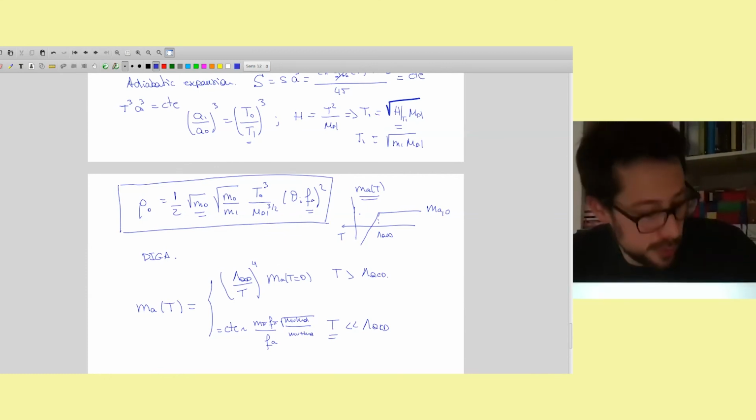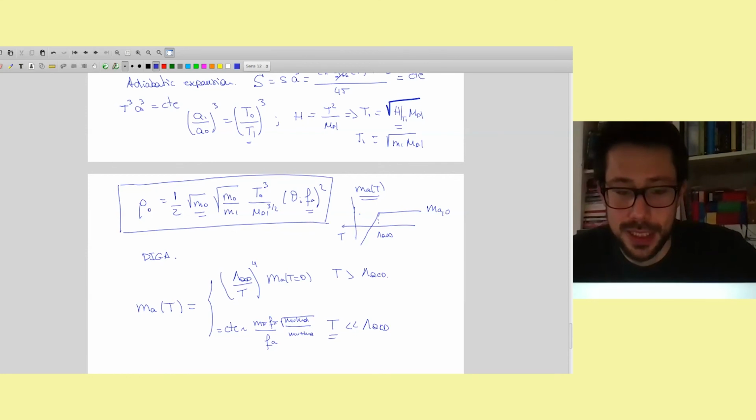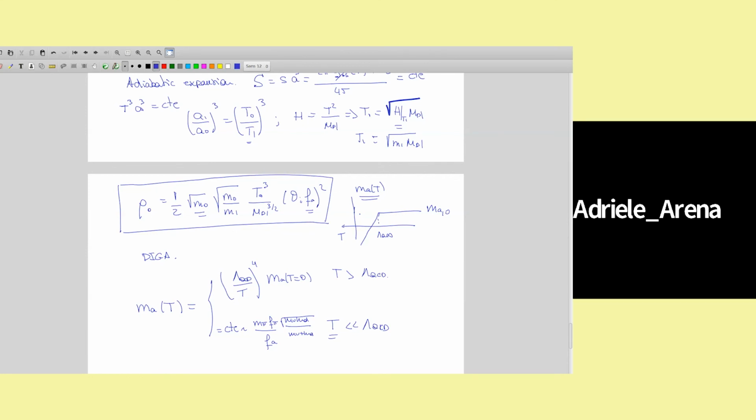Is there any more question or comment? Maybe a comment more than a question. The fact that we have a particle whose mass depends on time and temperature. I mean, we are usually used to having particles with a constant mass, and it sounds strange.